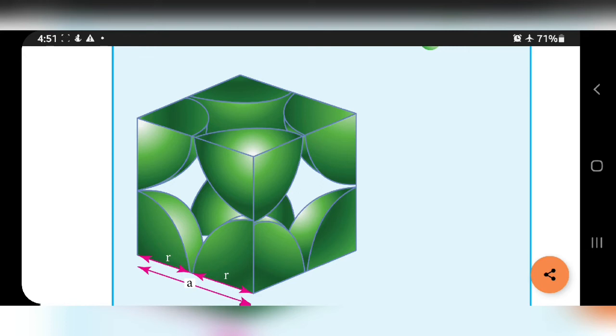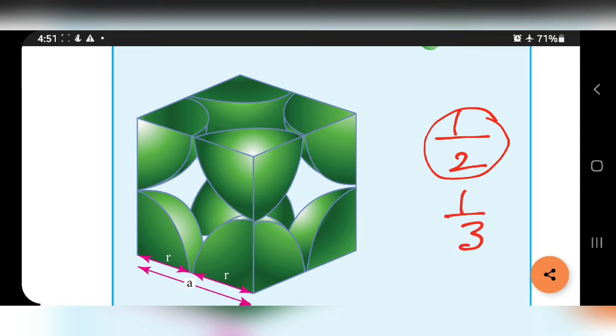Just assume, if one suite is shared by 2 students, each will get 1 by 2. Am I correct? If one suite is shared by 3 students, each will get 1 by 3.